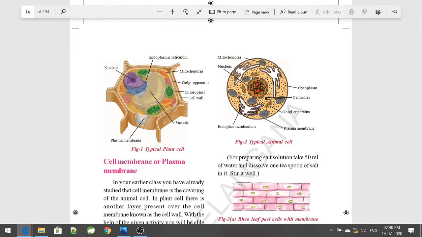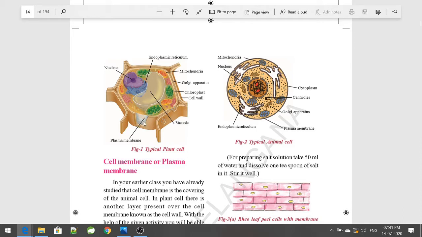I will tell you all the functions of these organelles. And this is the mitochondria. Just keep in mind where and what are present in a cell. So what are all the things present in a plant cell? Nucleus, endoplasmic reticulum, mitochondria, Golgi apparatus, chloroplast, cell wall, vacuole and a plasma membrane.